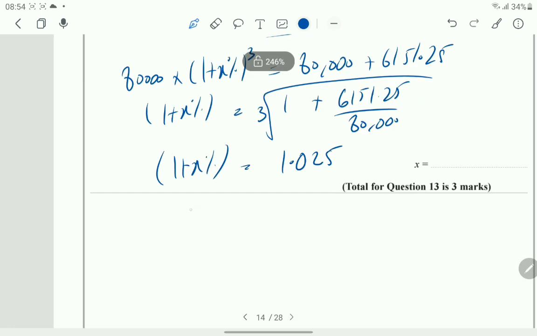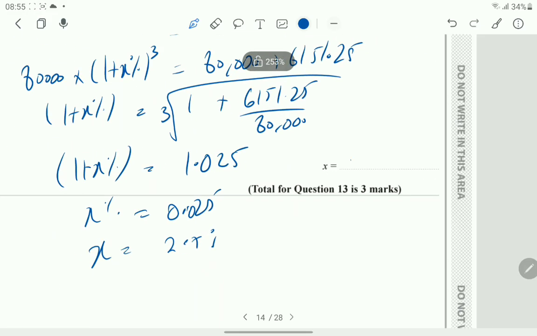Let's send 1 over there for subtraction. X% is equal to 0.025, my bad. So x would be 2.5%, and so that is your final answer. Spot on.